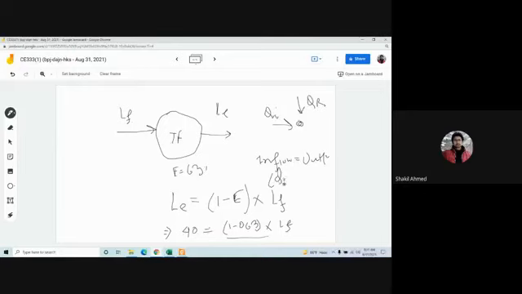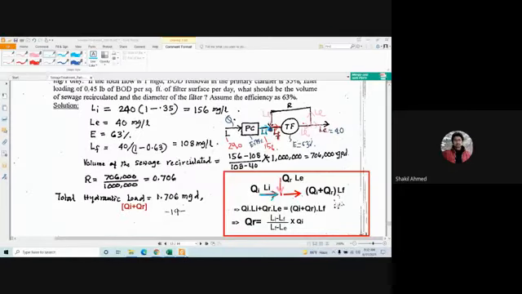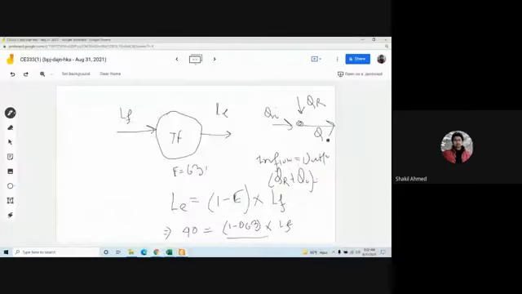Inflow equals QR plus QI, and the outflow, let's say, is QY. So QY is the summation of QR plus QI. Did I make it clear? Yes, sir.